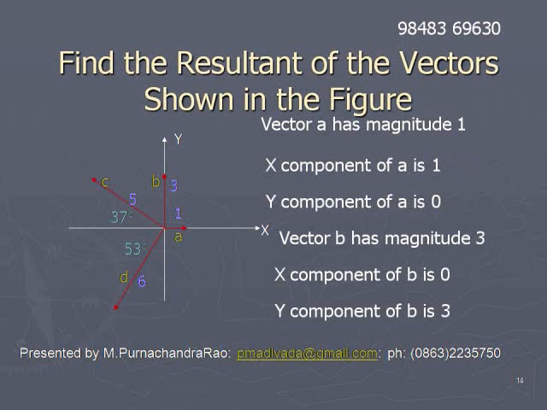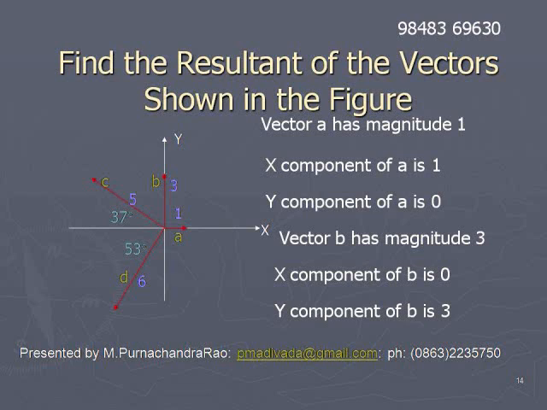Now let us find the components of A and B. Vector A is along x-axis and its magnitude is 1. So the x component of A is 1, but its y component will be 0, since the y component will be 1 into cos 90 degrees.